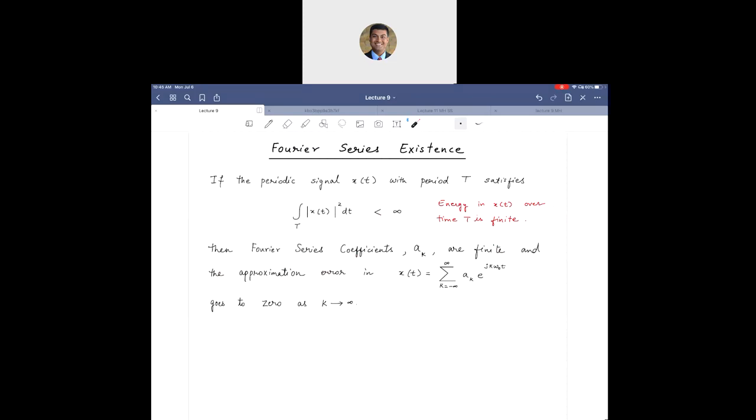And the approximation error, which was the difference between representing x of t as is and representing x of t as a summation of Fourier series coefficients multiplied by an orthogonal set of complex exponentials, will go to 0 as k tends to infinity. So there is a condition on Fourier series existence.